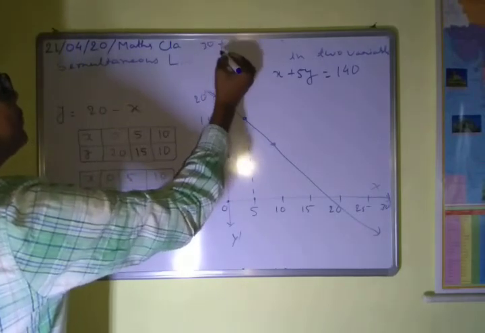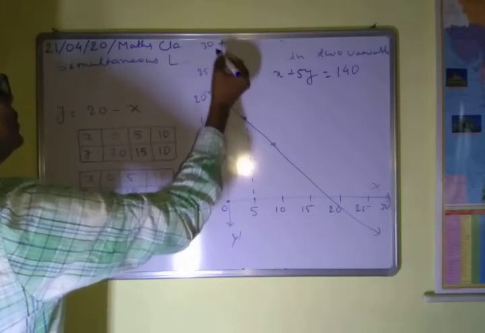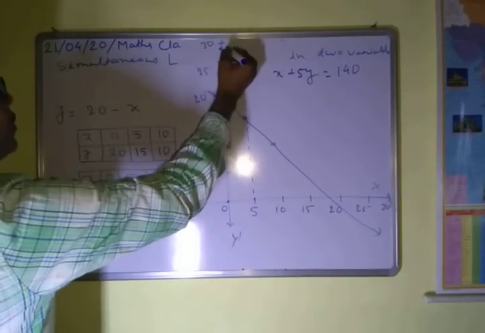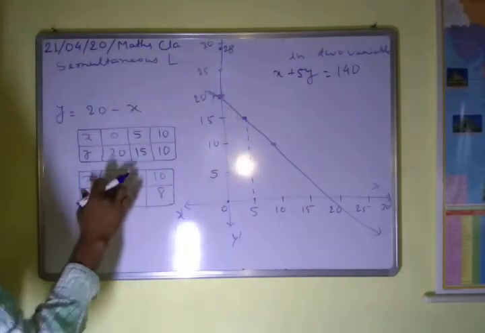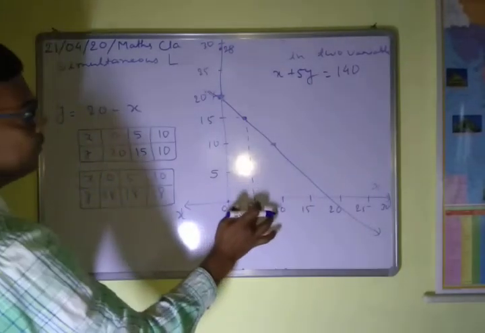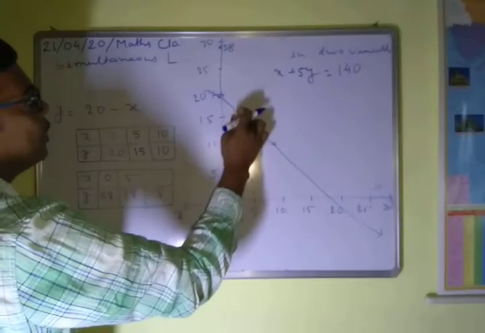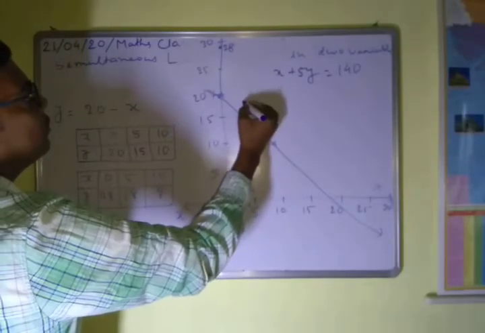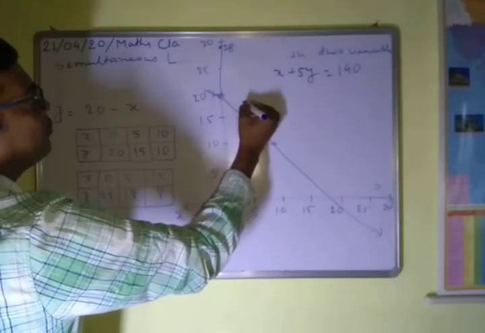Then 28 will be somewhere here. This is the point. Next is 5, 18: x equal to 5 and y equal to 18, somewhere here.